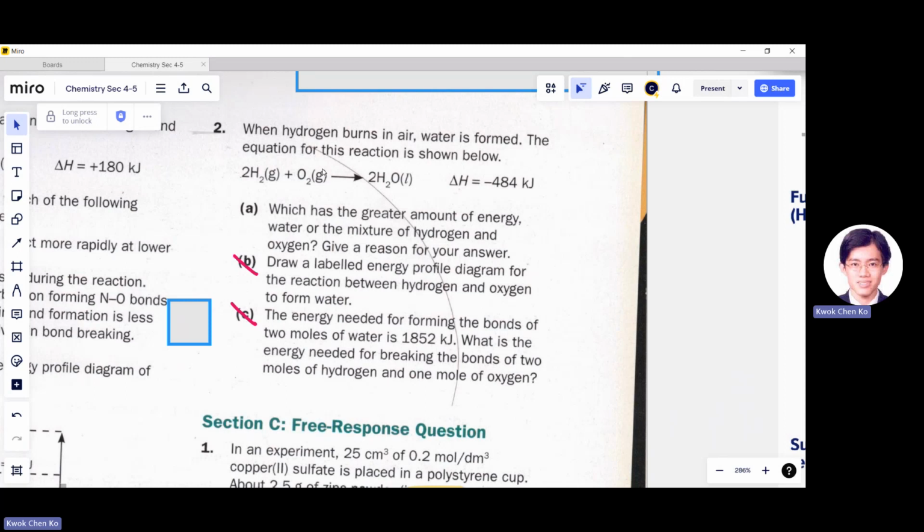After I draw the curve, from here to here it decreases. Job done, isn't it? Easy marks, as long as you don't draw the wrong version.